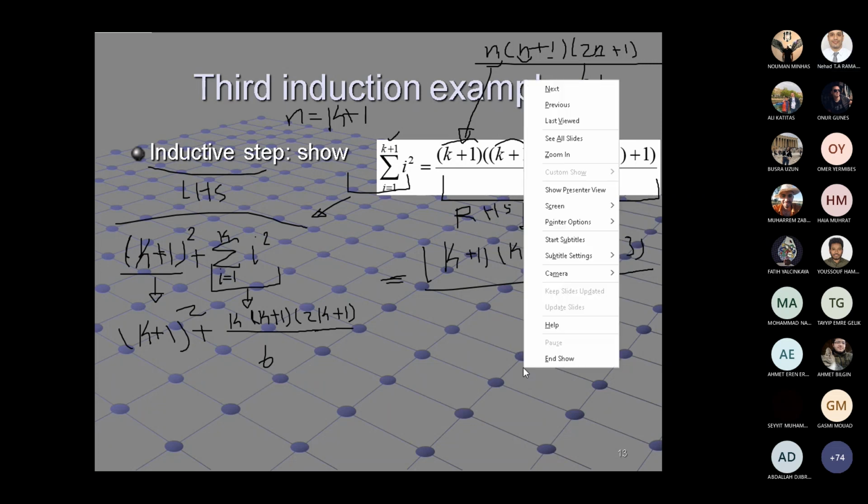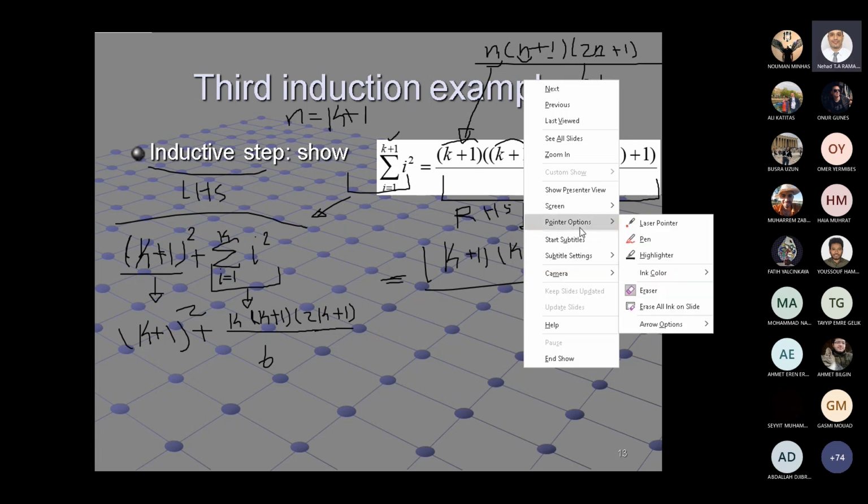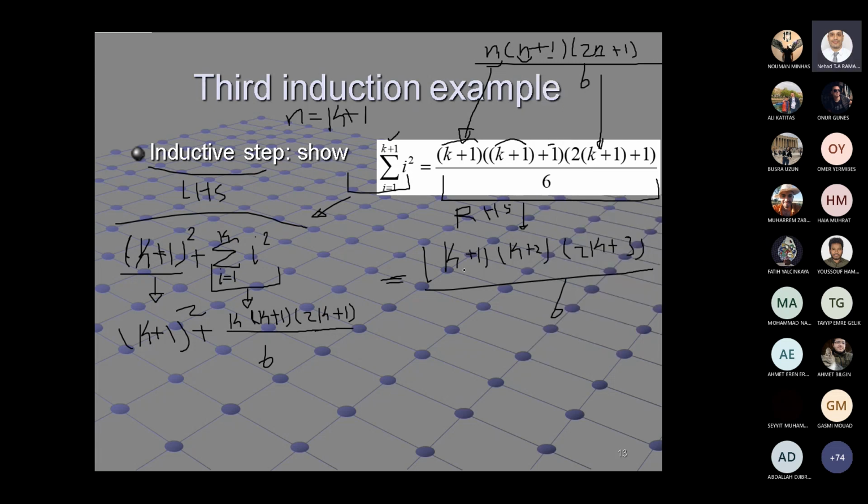So multiplying the right-hand side by 6, we have what? We have k plus 1 multiplied by k plus 2 multiplied by 2k plus 3.